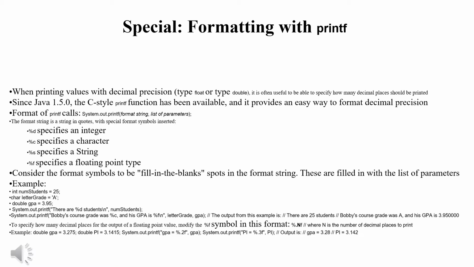There is a very simple point here for floating point types. When you want, you can somehow specify how many decimal places you want to print, right?